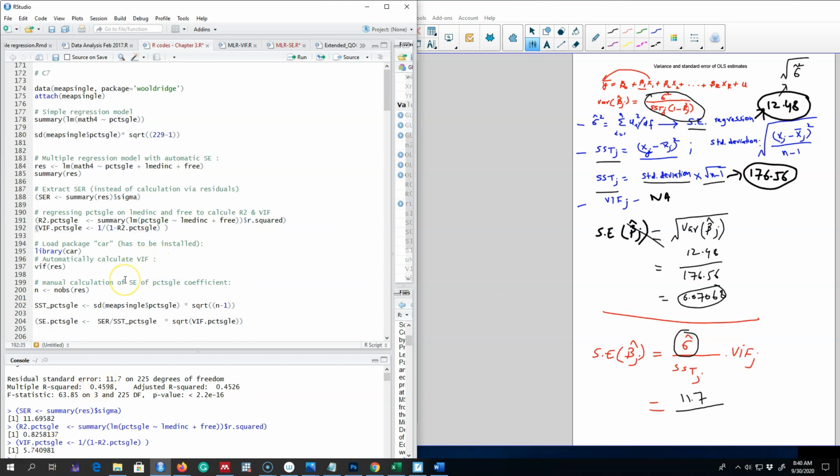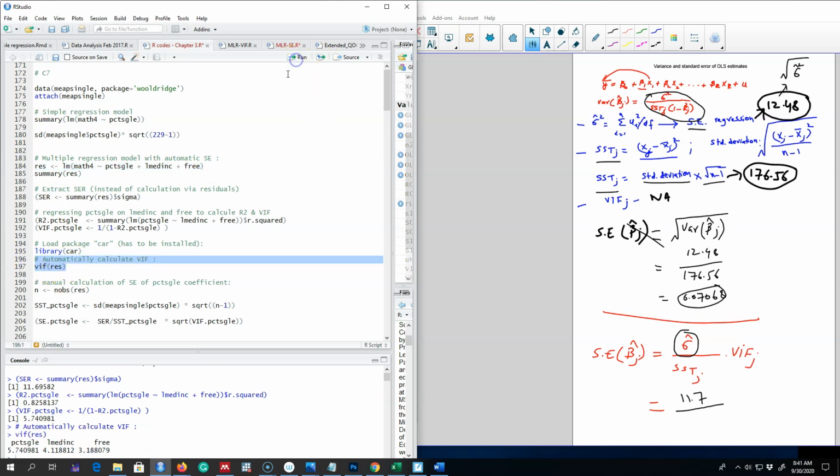The other way you can calculate the variance inflation factor of all the variables in the model is to use the library car, and then use the function VIF and pass a regression model to it. What this function will do is calculate the variance inflation factor of all the variables in the model. As you can see here, PCT single is 5.74.